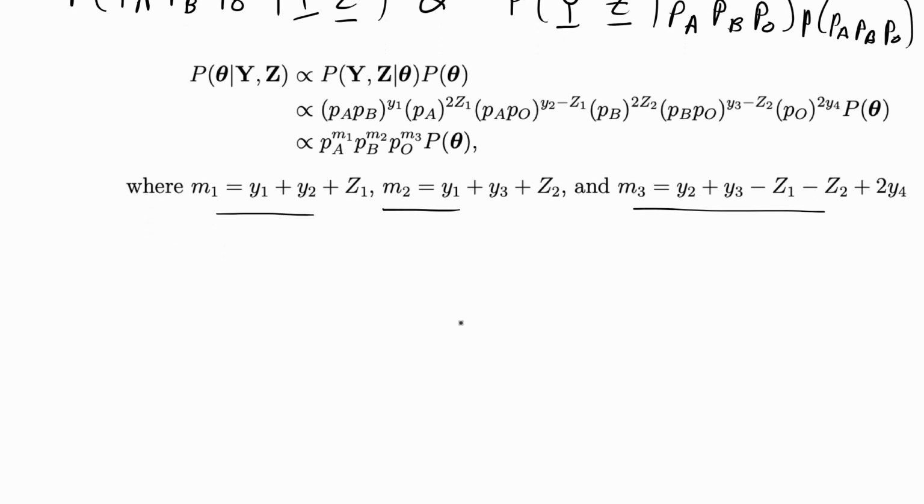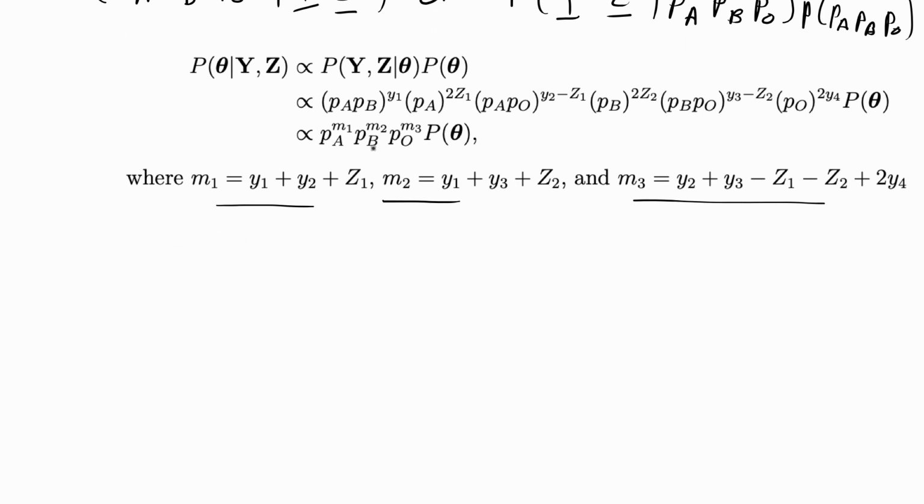And now, because we have a complete likelihood, we can form a conjugate prior to this distribution. So this is a complete likelihood for the multinomial distribution for the genetic data using the latent variables. And from that, we can place a conjugate prior on P of theta. So we're assuming the prior is going to be Dirichlet distributed because that's the conjugate prior for a multinomial distribution.